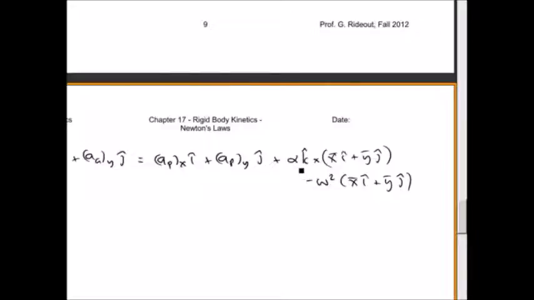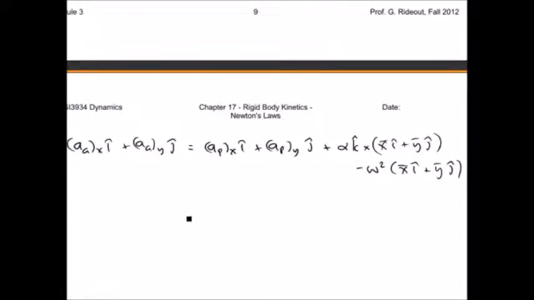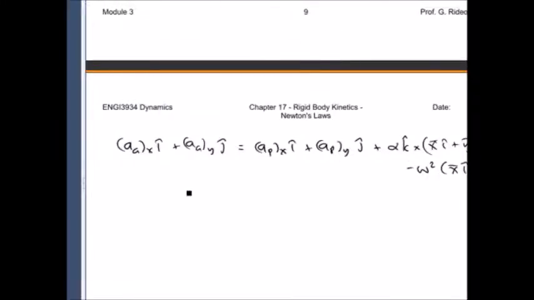Now, if we work out these cross products, when we do alpha k crossed with y bar j, for example, we're going to get a minus y bar alpha in the i direction. So if we look at all the i components in this equation, the acceleration of G in x on the left-hand side is going to be the acceleration of P in x minus y bar alpha.